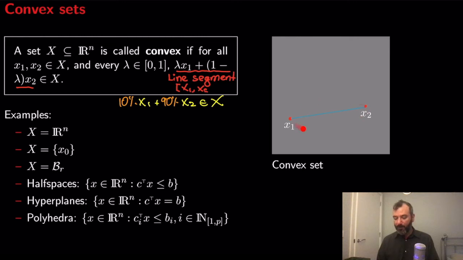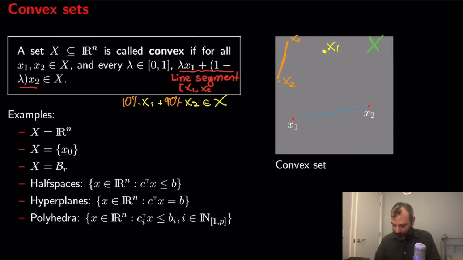And you see that this blue line is inside this set x, whatever points I choose. Take this point x1 and this point x2. The whole line segment is inside the set big X. Or take this point x1 and this point x2. The line segment is contained inside x, it doesn't go outside of it.